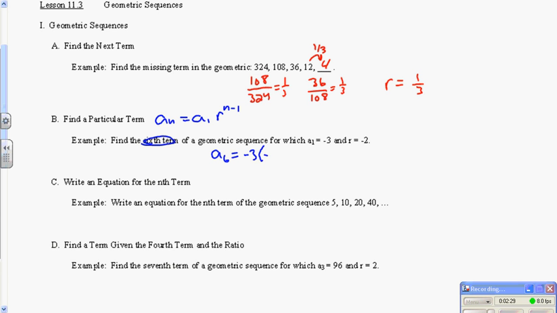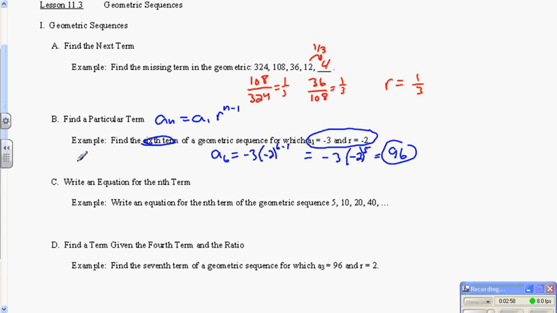We know our r, and if it's the 6th term, it would be 6 minus 1 up here. In other words, 5. So we can find this by taking -3 times -2 to the 5th power. And that would give us 96. So with this information, your 6th term would be 96.